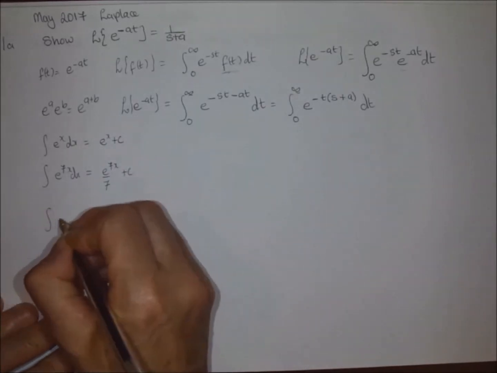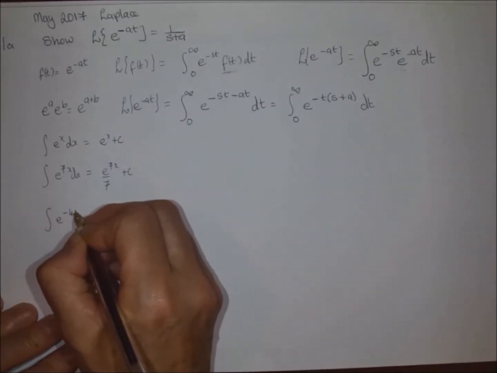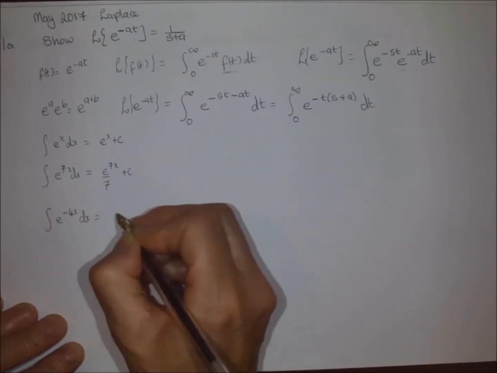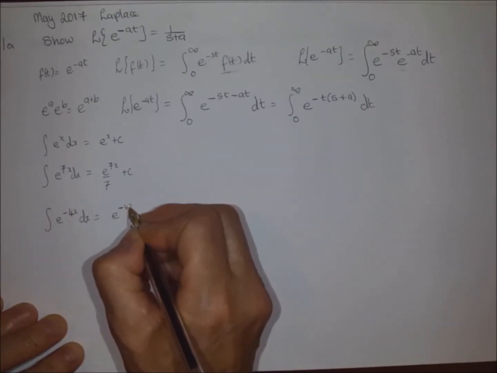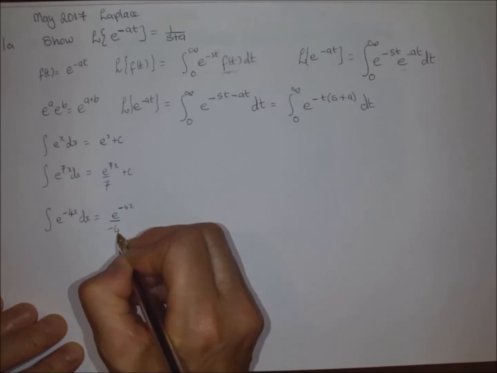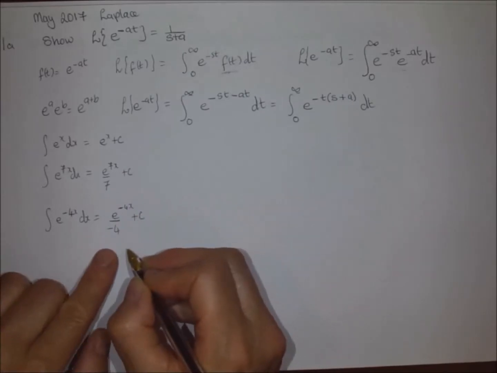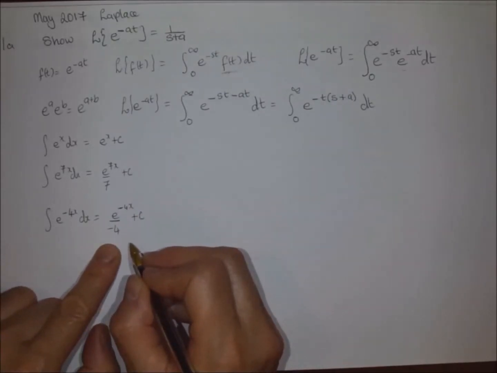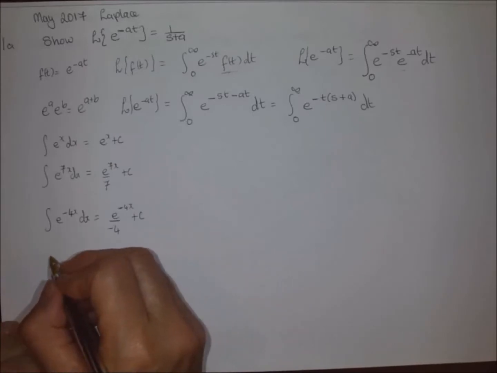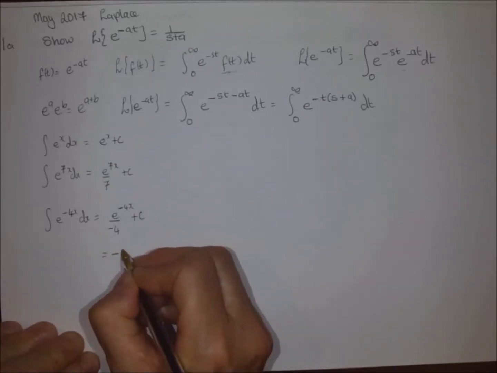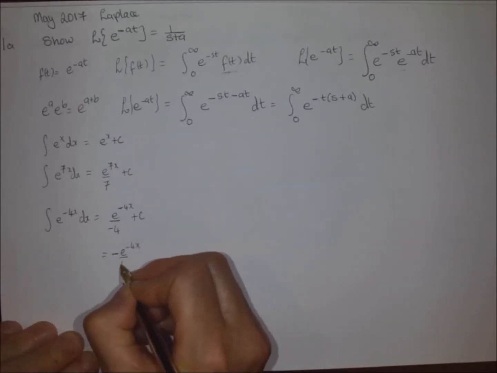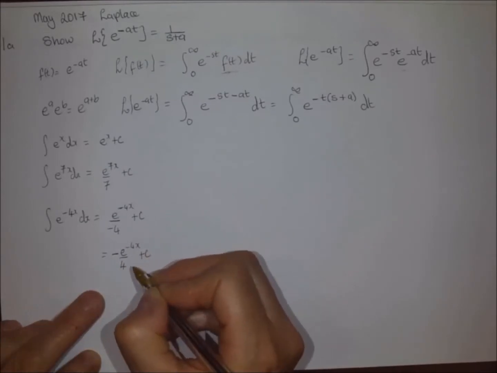If you have to integrate e to the minus 4x dx, the answer will be e to the minus 4x divided by minus 4 plus c. This one you have to be careful about because of the minus sign. This can be written as minus e to the minus 4x over 4 plus c.